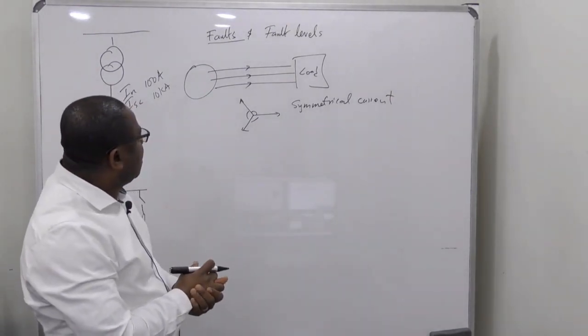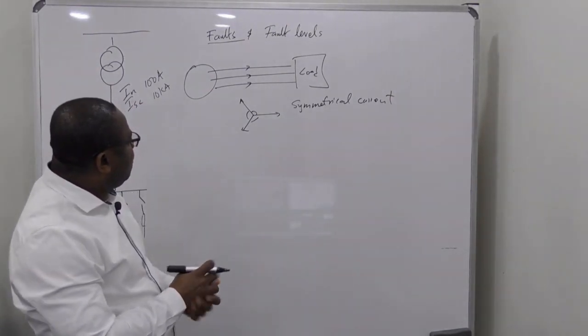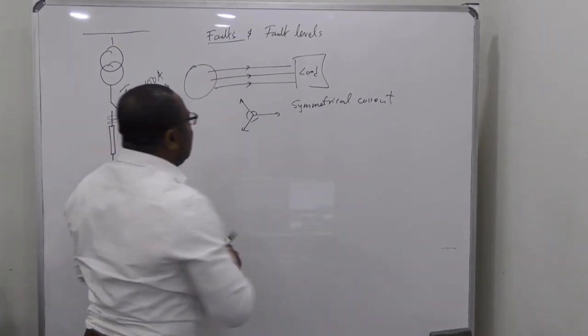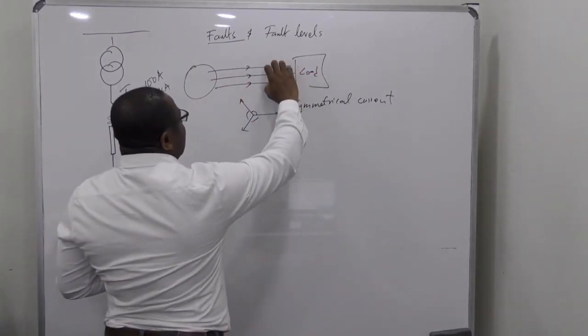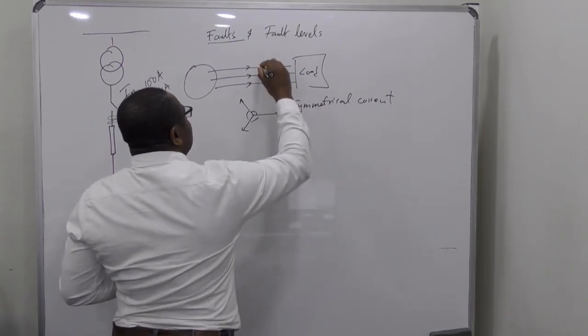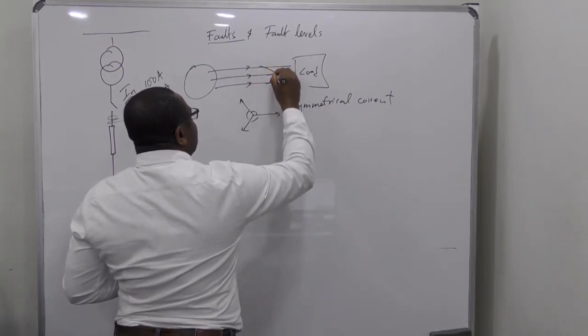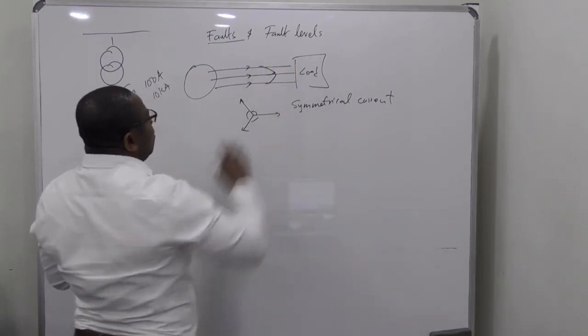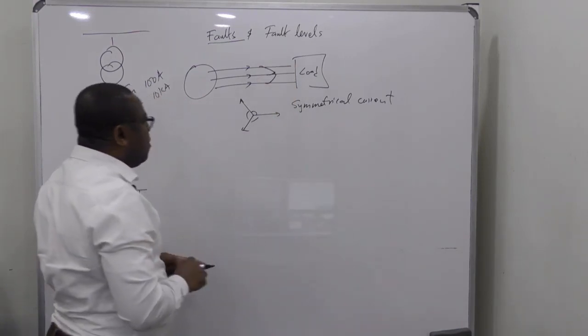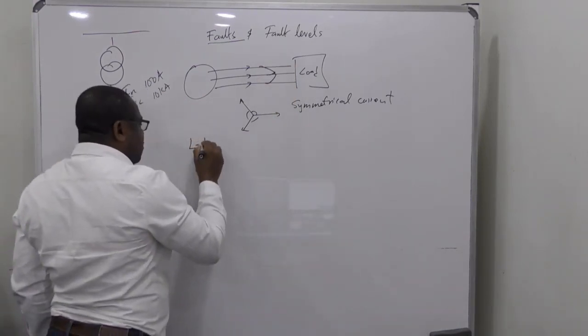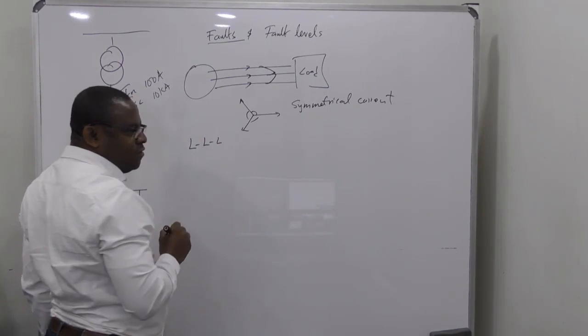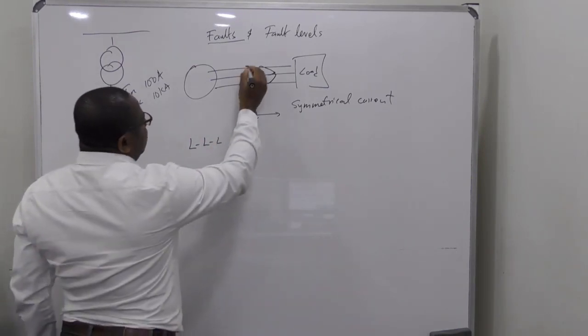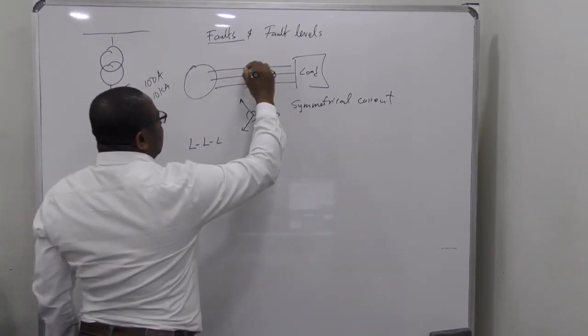Now, if this is our system, and somebody happens to hold this together, it's going to be a line to line to line fault. But the current flowing through there and there and there will still remain the same.